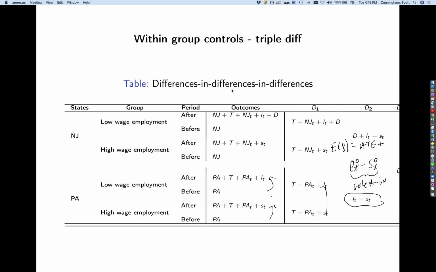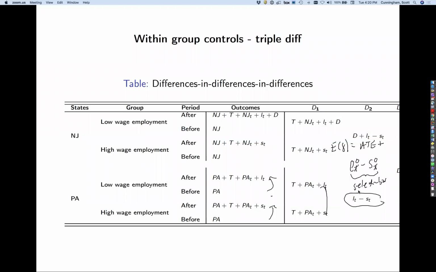Sebastian asked, are we assuming a kind of parallel trend? We're assuming that the time effect for high wage and low wage were equal. So we're assuming a parallel trends assumption, which is actually right here, the LT minus ST. It needs to be a function of T for it to be parallel trends.